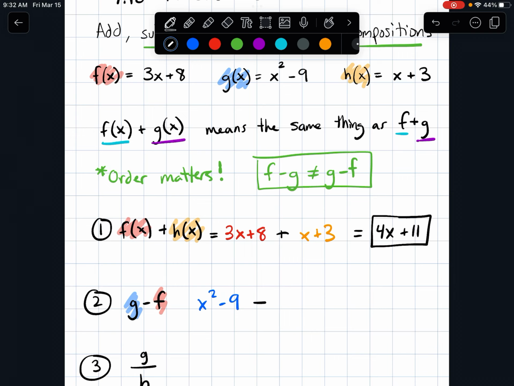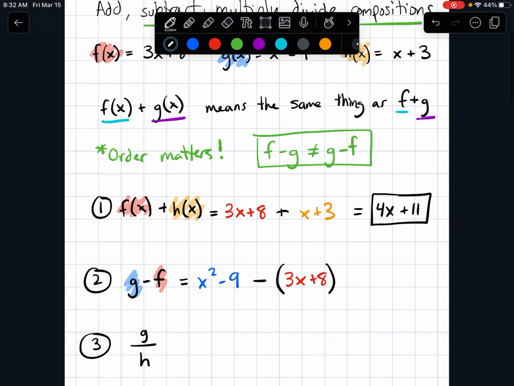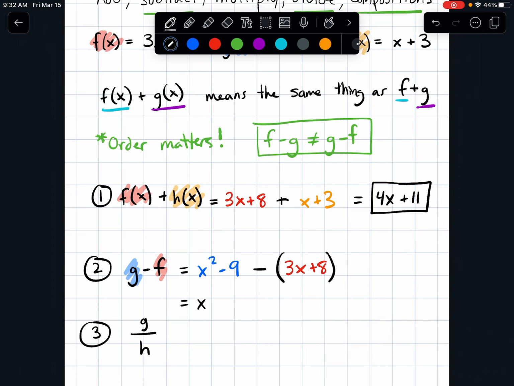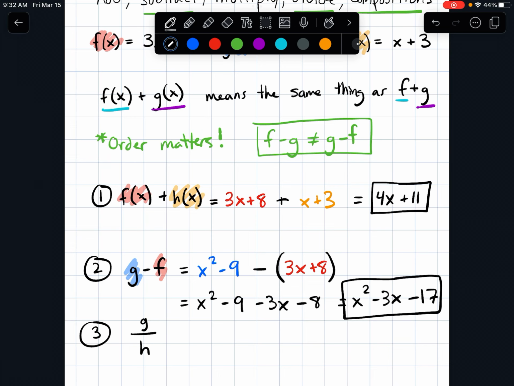Because I'm subtracting all of f of x, I'm going to put all of f of x inside parentheses, because I'm subtracting the whole function. So this is really the same as x squared minus 9 minus (3x minus 8). I then combine my like terms, and we get x squared minus 3x minus 17. And that would be g minus f, or in other words, g of x minus f of x.